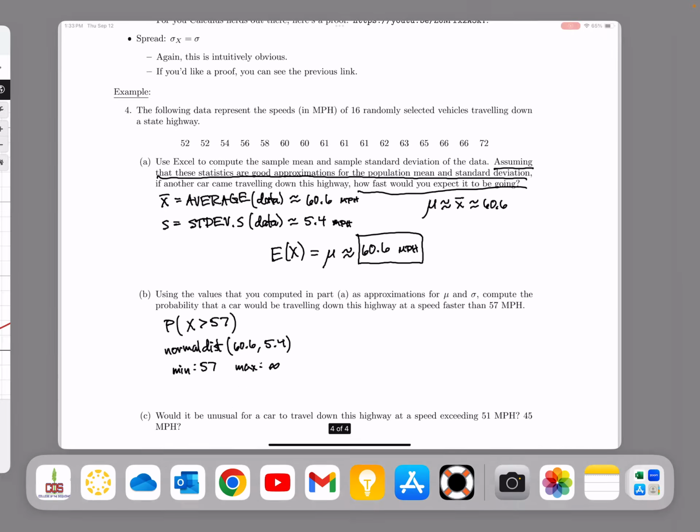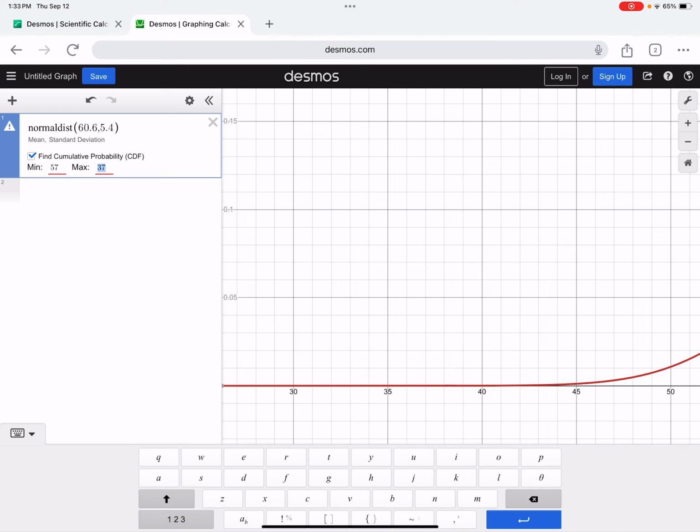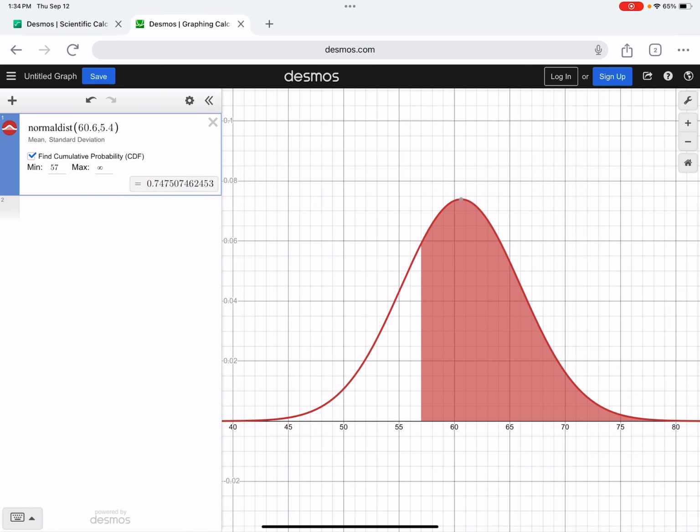X greater than 57. Okay, there we go. Let me zoom in so we can see it. Yeah, so there's that distribution. Okay, so about 0.7475.